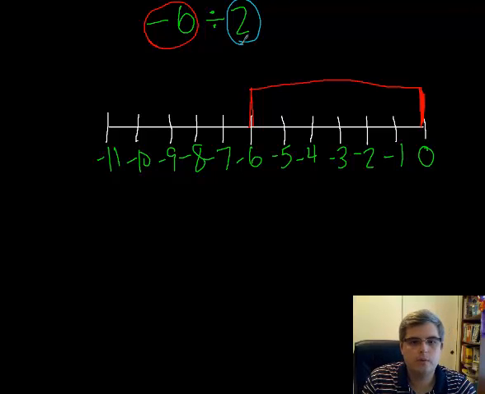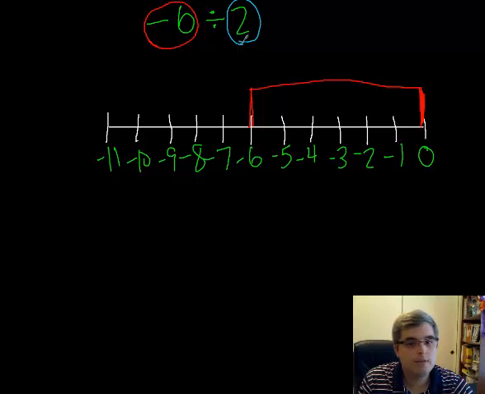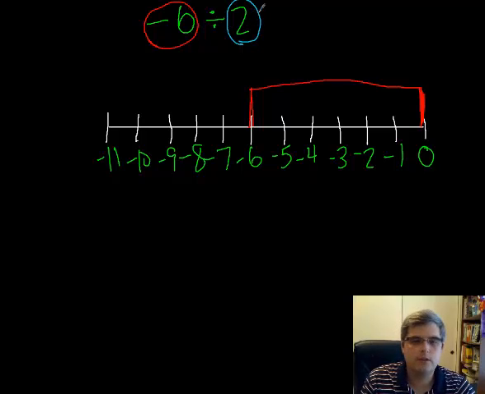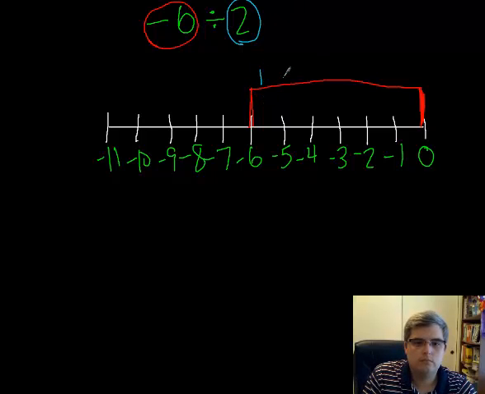A couple ways of going about this. The pretty obvious one is we just count halfway in and mark the line there. But what if this was a 3 or a 4 or a 7 or a 13? Here's how I recommend you do it. You want to number off at the top each of the sections here until you get to your ending point, which would be 0. So I have 1, 2.